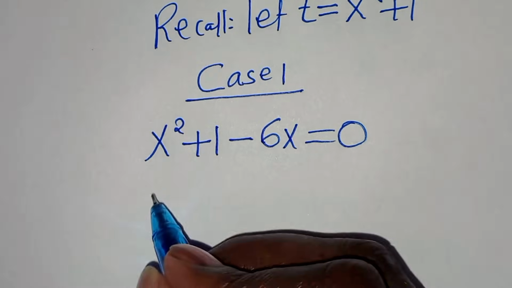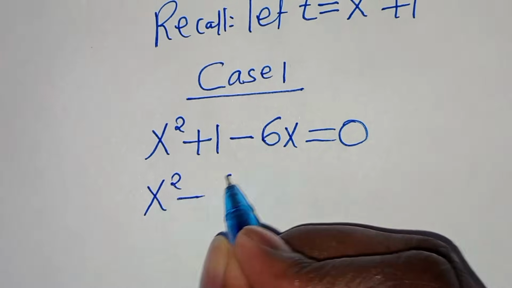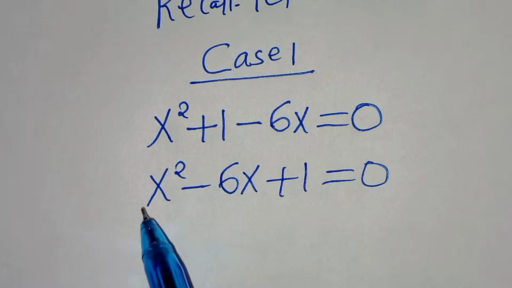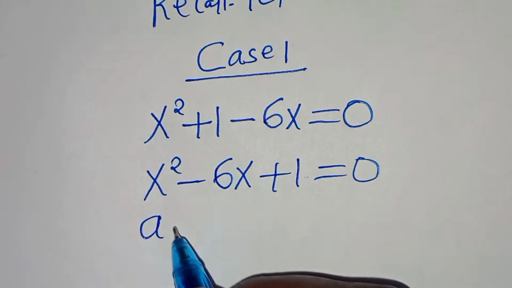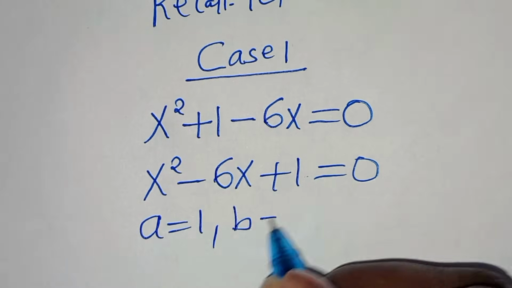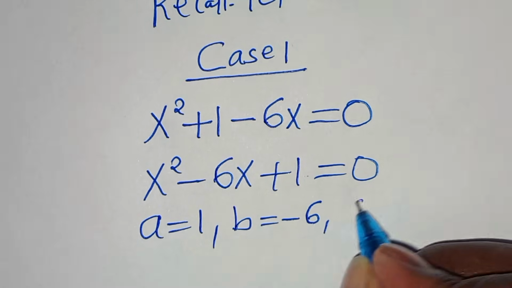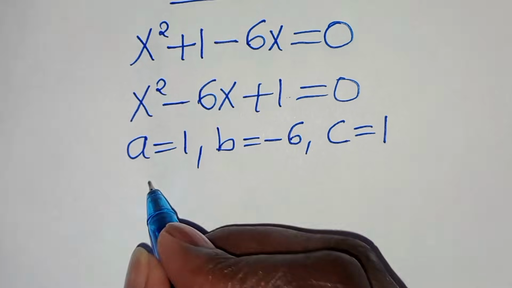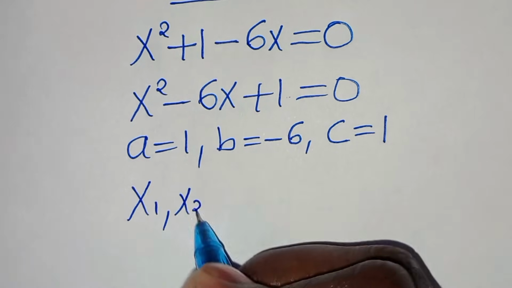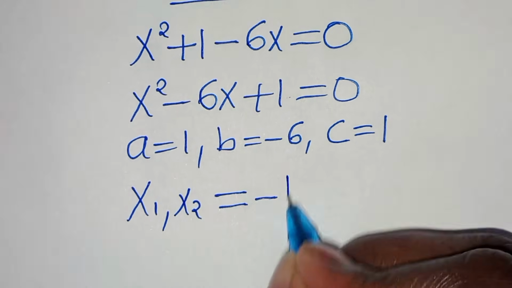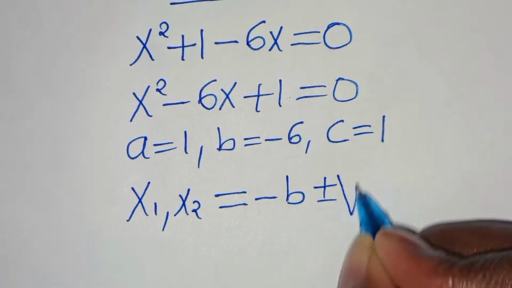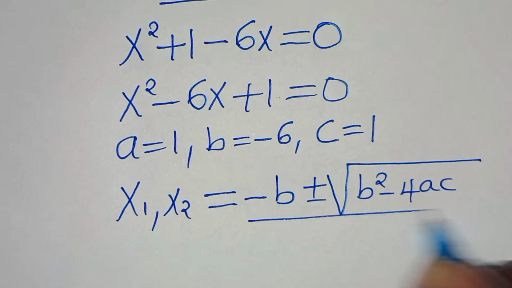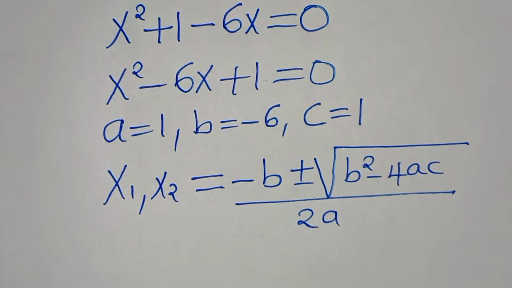Now, from here, this is a quadratic equation. We can proceed to solve for the values of x. From this quadratic equation, we have a equal to 1, b equal to minus 6, and c equal to 1. Now, we can solve for x1, x2 by applying the quadratic formula, which is minus b plus or minus the square root of b squared minus 4ac, everything divided by 2 times a.